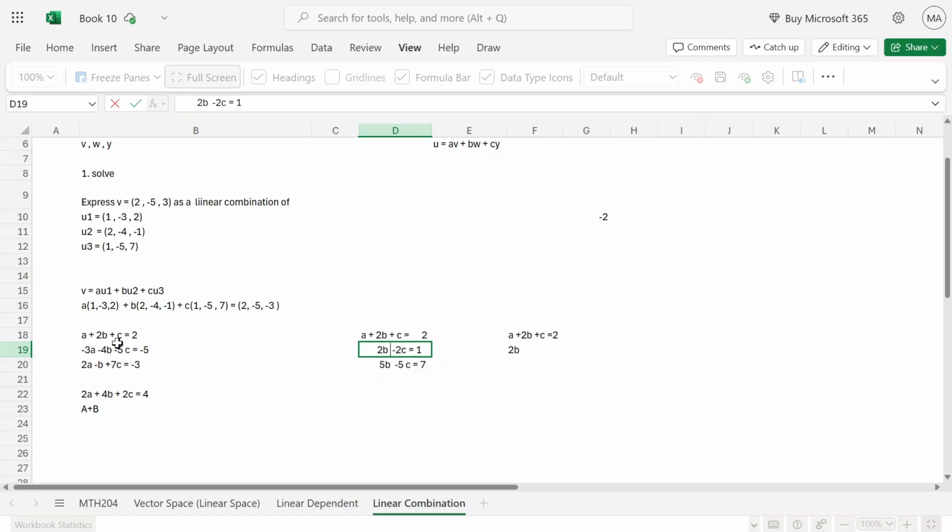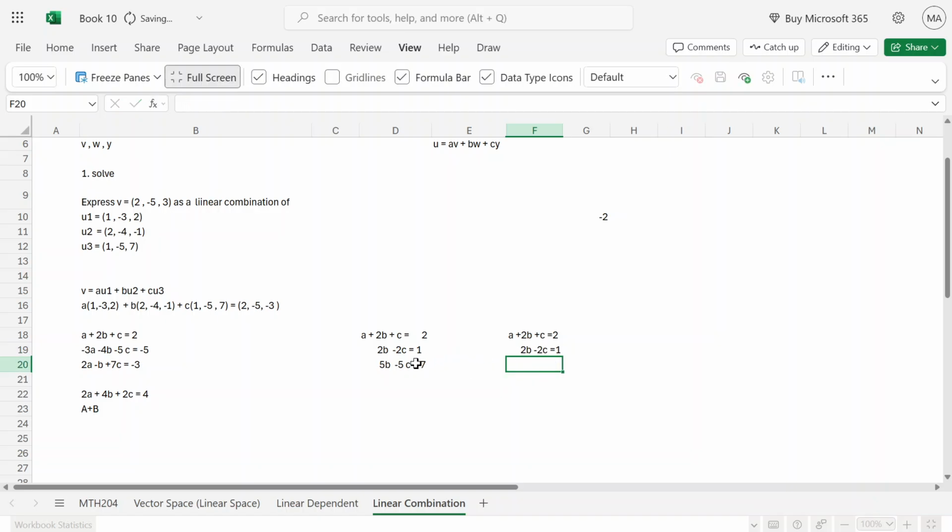Let's confirm. 3 minus 6. Okay, plus here. 3c minus 5, yeah, correct. So 2b minus 2c equals 1.